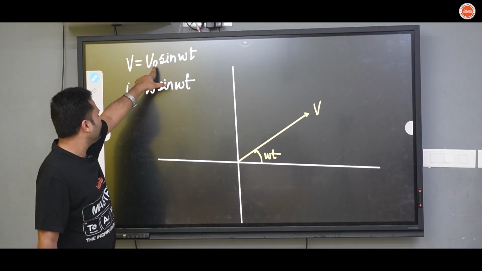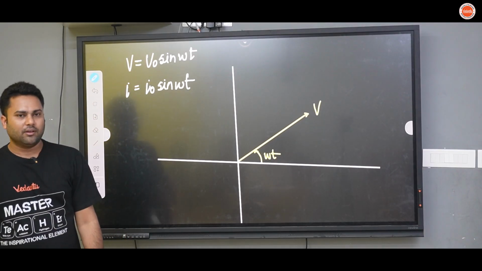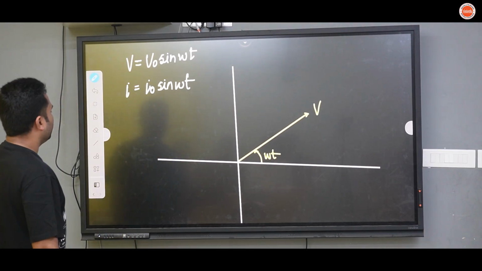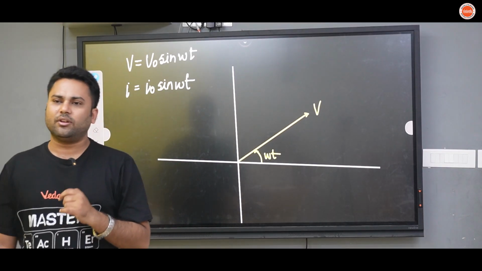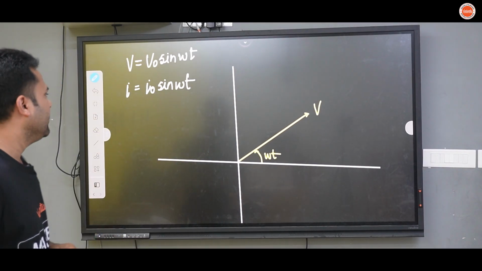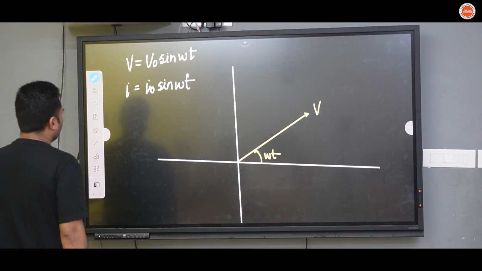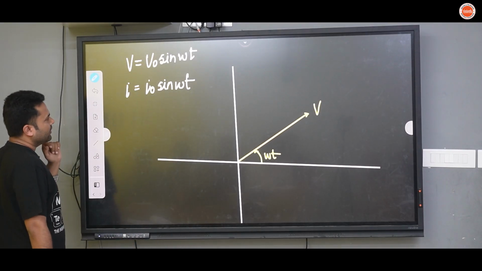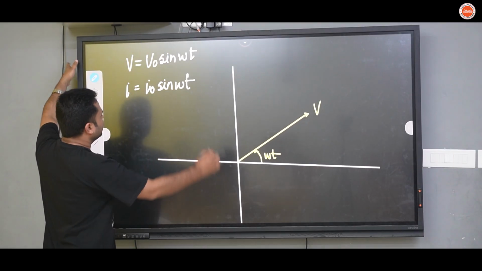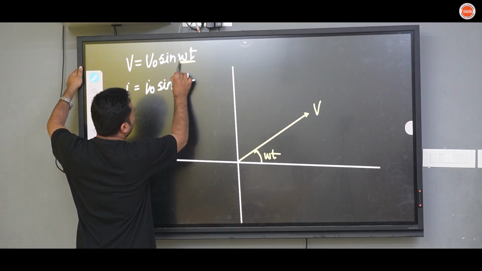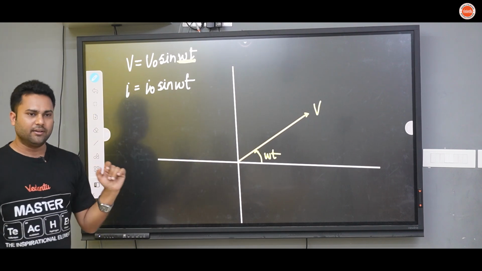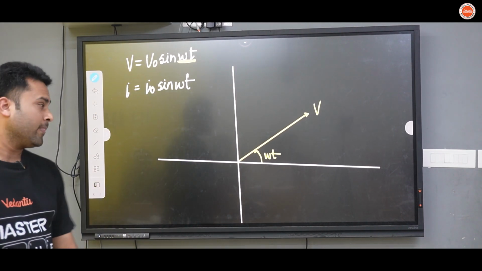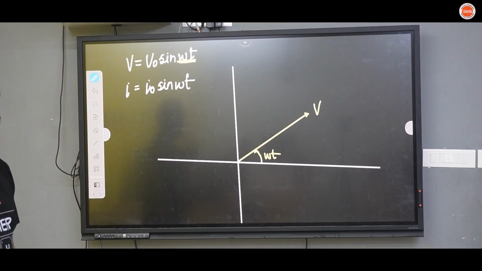Here, what is the peak value of voltage? V0. Correct. Now, some direction also I have, this vector is also based on direction, no? So direction is also important. When I am saying direction, you have to look at the phase. What is the phase here? Omega t. So this will be the angle, omega t. Correct. Now second, when I will draw the current, it will be more clear what I am saying.